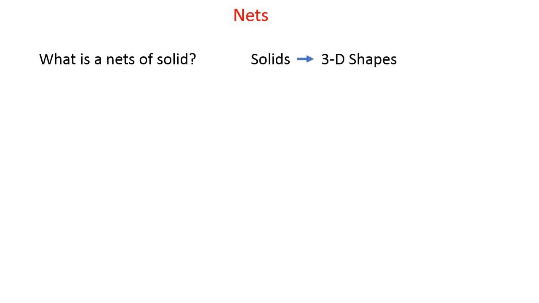Now let's again talk about what a net of solids is. From now on we want to replace the word solid with 3D shape. So once I say solid, you have to understand that I'm talking about a 3D shape, or 3D shape means solid. Both work, it's the same.